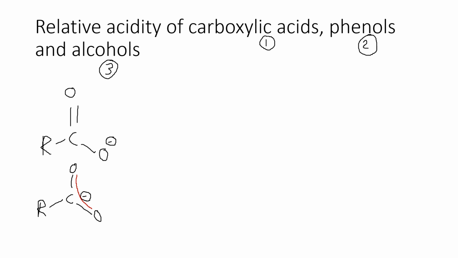Phenol forms the phenoxide ion, and the p orbital on the oxygen gets incorporated into the pi cloud of the benzene ring, making this a pretty stable ion. So phenol is quite willing to lose that hydrogen, making it relatively acidic, not as acidic as the carboxylic acid. And with an alcohol, there's nothing to stabilise the negative ion, so it doesn't form.